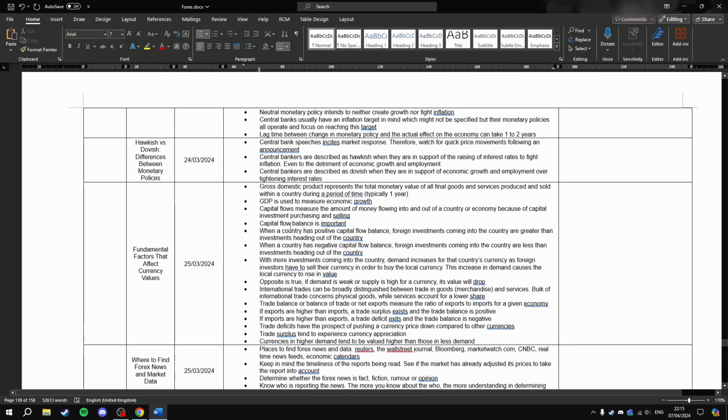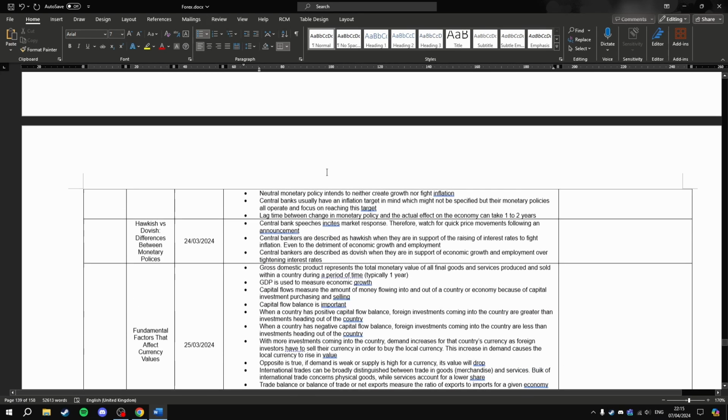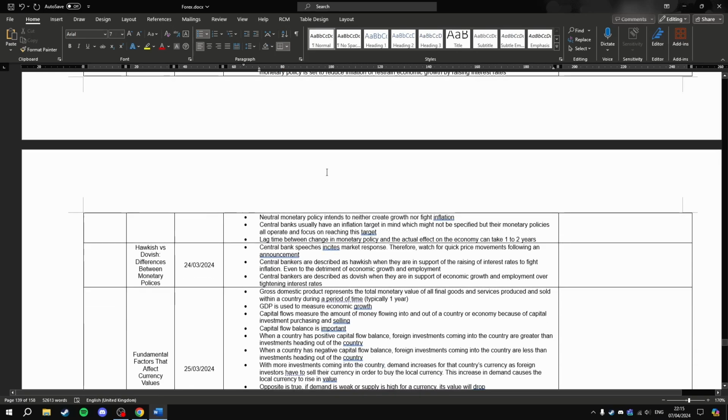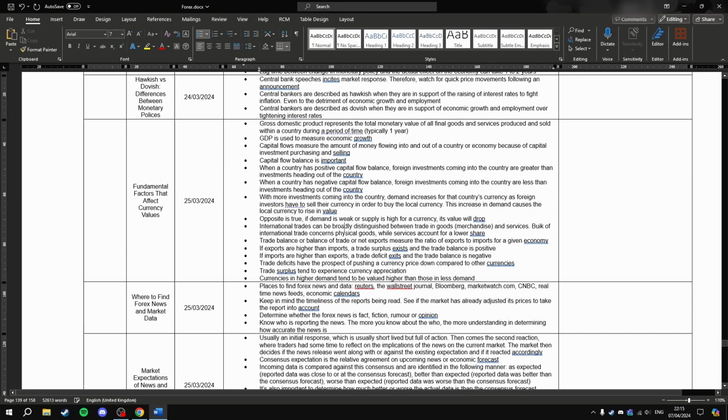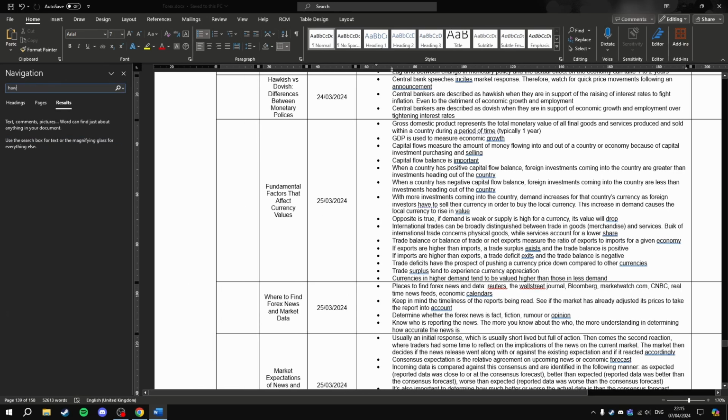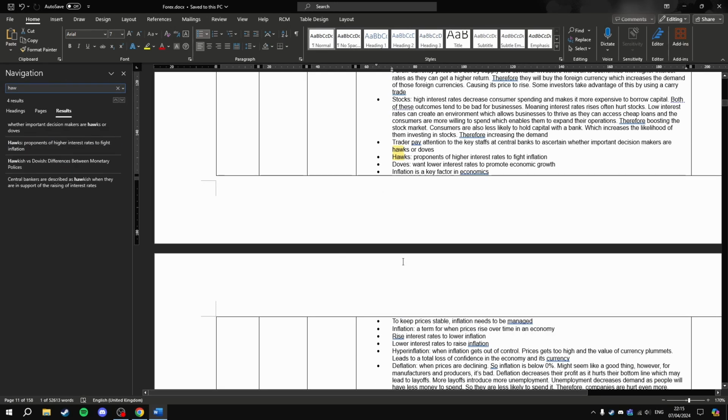Hawkish means proponents of higher interest rates to fight inflation. Right, okay. So if there are higher interest rates, then foreign investors are more likely to invest in the US.